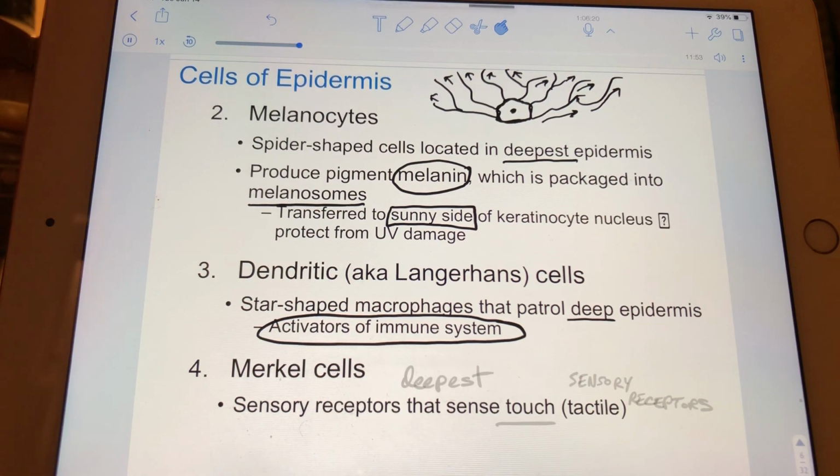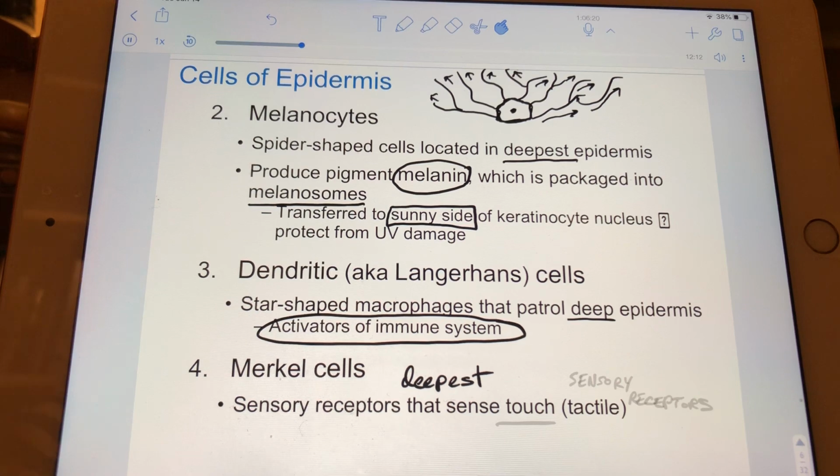We can also find Merkel cells. It's a Merkel in the epidermis. They are in the deepest epidermis, okay?